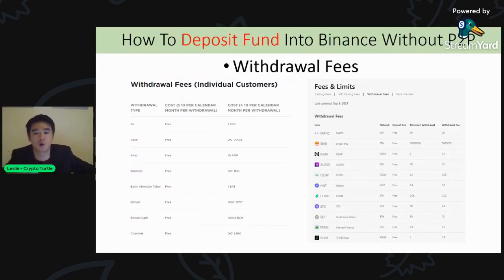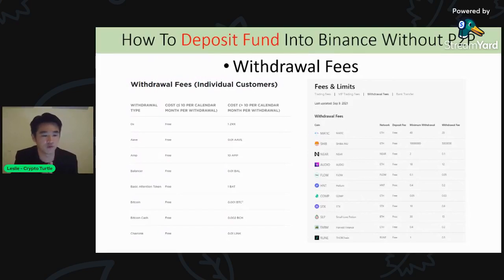Say originally I'm holding Bitcoin or Ethereum, but I realize, just as an example, that Ripple has a lower withdrawal fee. So I sell my Bitcoin for Ripple and then transfer it to Binance. No problem at all. But of course we must take note that when doing this, there may be slight changes during the period of doing so. There's a price movement and the price goes against you, so you need to take note of that.